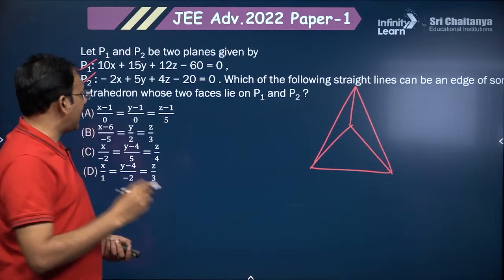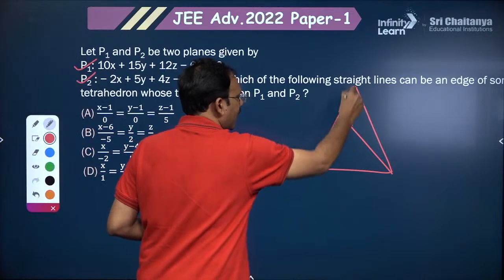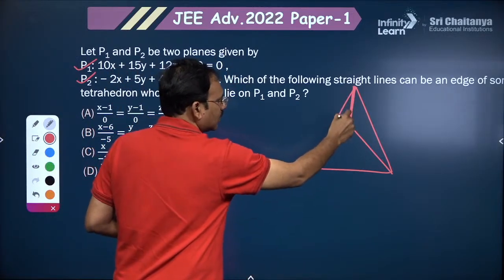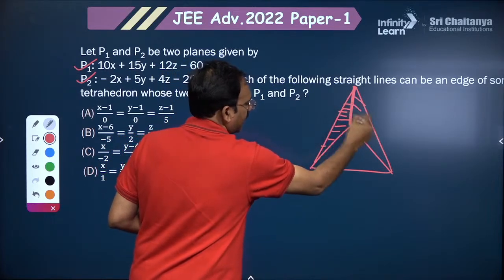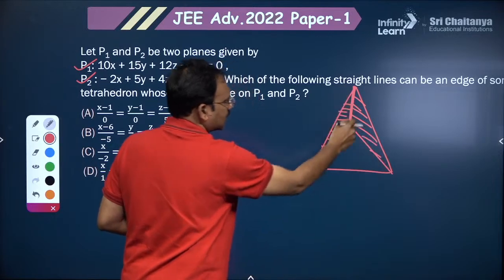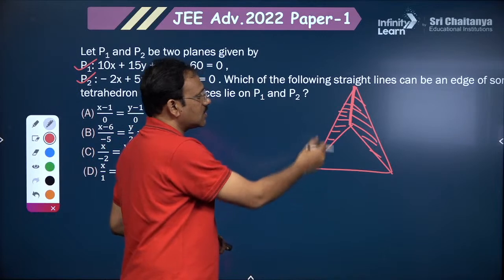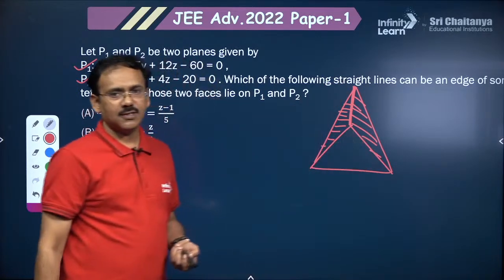Suppose the line is either the intersection of the two planes, or it cuts these two planes at two particular points, as some edge would.